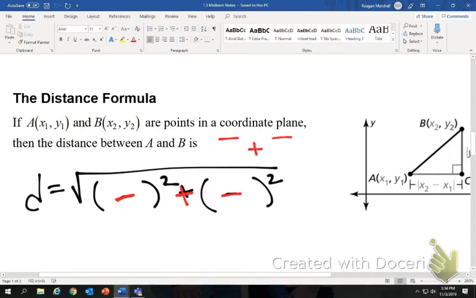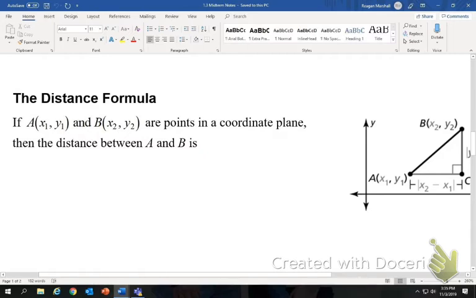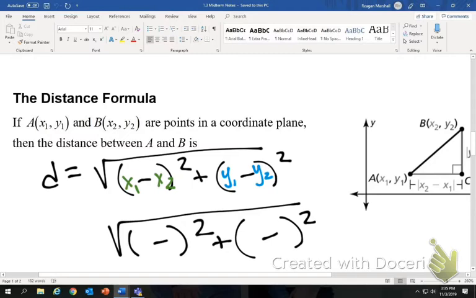So minus, plus, and minus looks like a face to me, and you guys agreed at one point. So you do that, and then you're going to do x1 minus x2 and y1 minus y2.